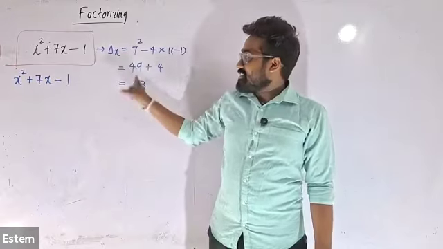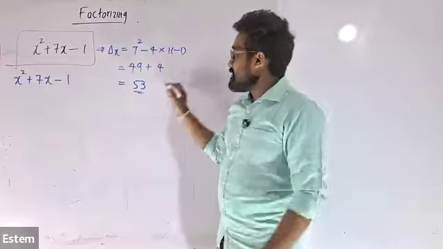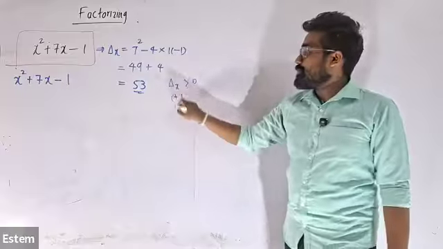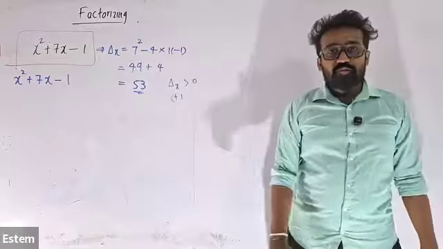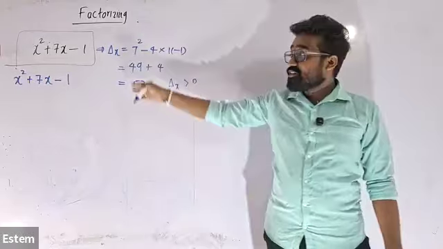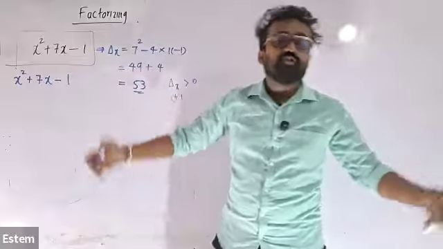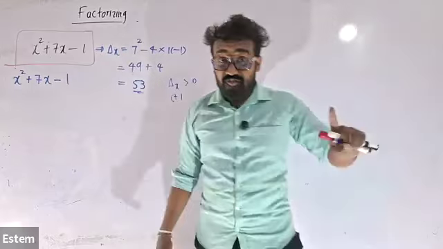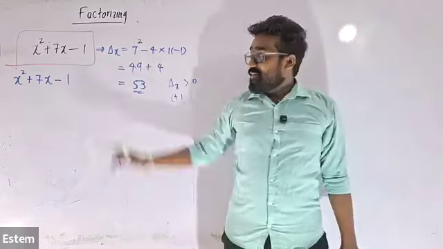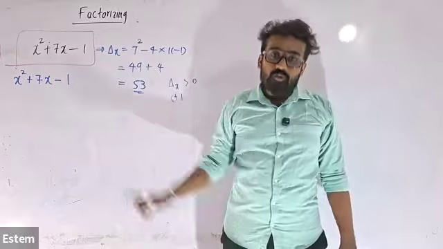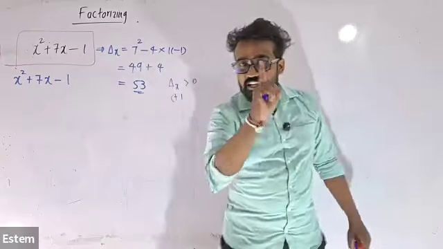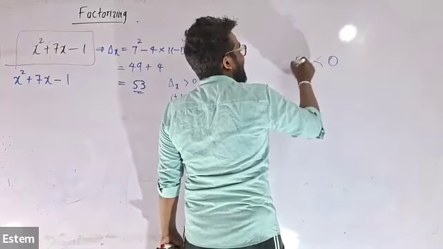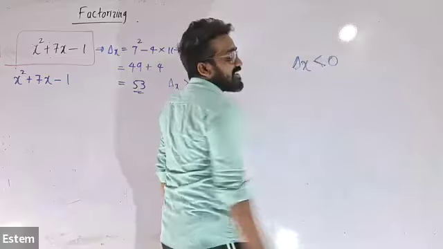What is the sign of delta? The sign of delta is greater than 0. It is positive. When it is positive, we can write those things as a difference of two squares. We can't factorize directly, but there is a method: the completing the square method. But if delta is negative, you can't factorize.